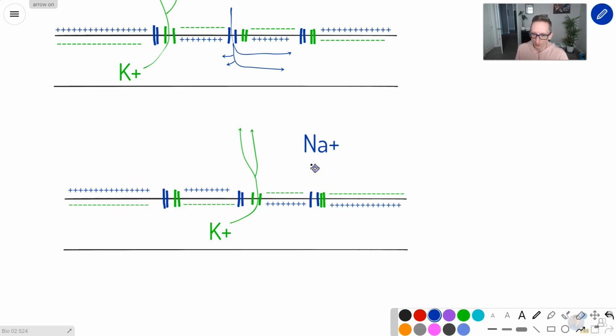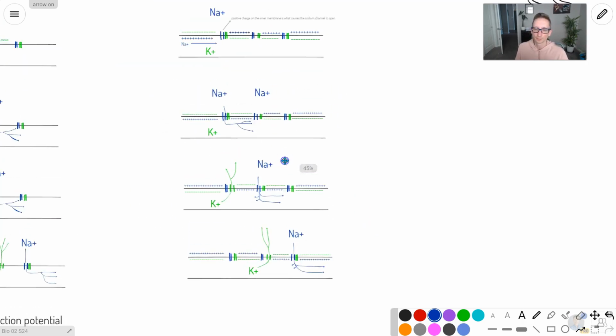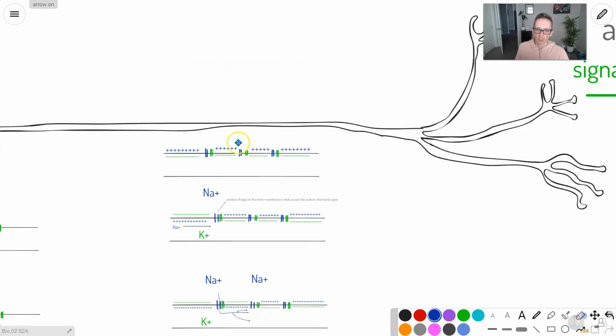And over here we've got our sodium mostly rushing in this direction to make it positive on the inside, but some would also, of course, be going in that direction, which is why it's still positive there. Okay? And it's this change in membrane potential, this distribution of negative and positive, that opens up potassium channels. Whereas it's just these positives: you add positive to a sodium channel, and it's going to be open. All right? Okay, so let's walk through that again.